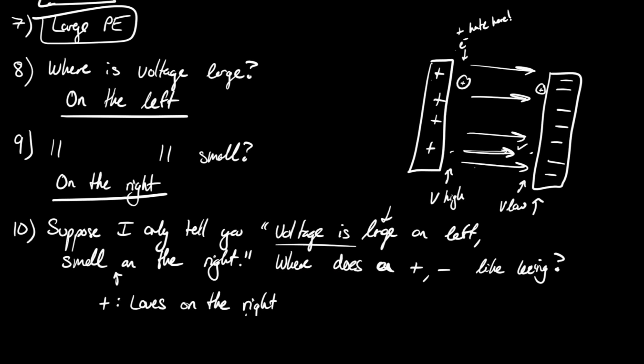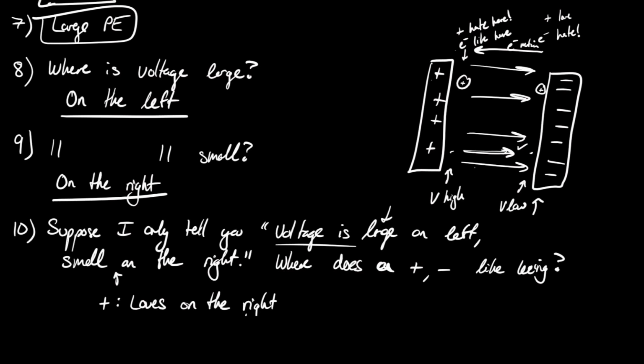That means electrons like it here. Again, purely because we're told the voltage is high on the left. And then conversely, the protons love being over here, so the electrons hate it. So the electrons will get pushed away from the place they hate over to the left towards the point they like.